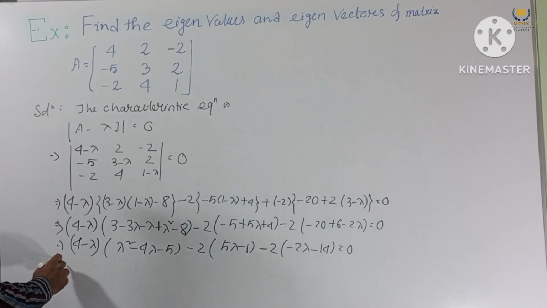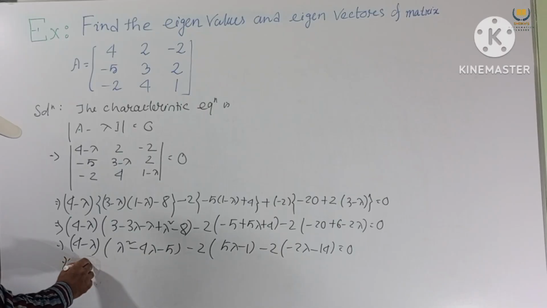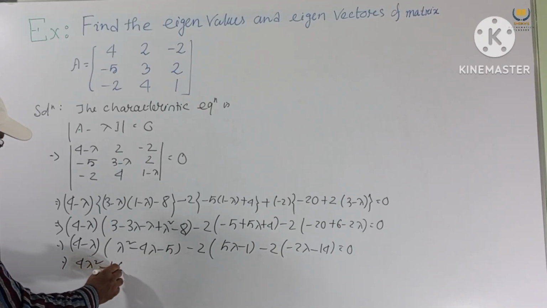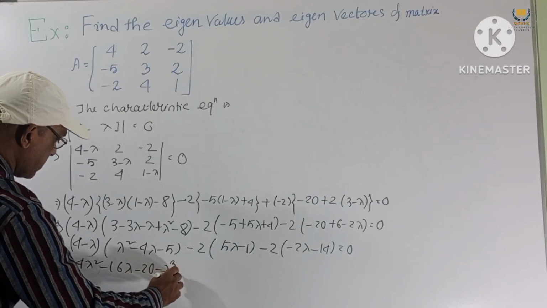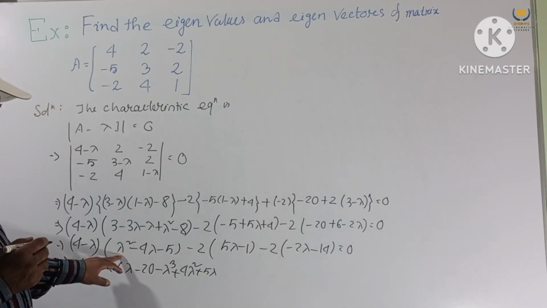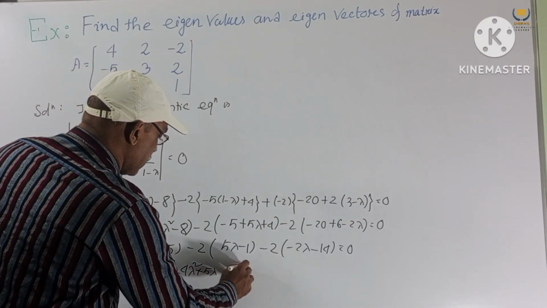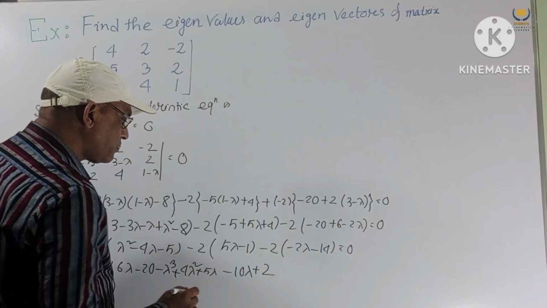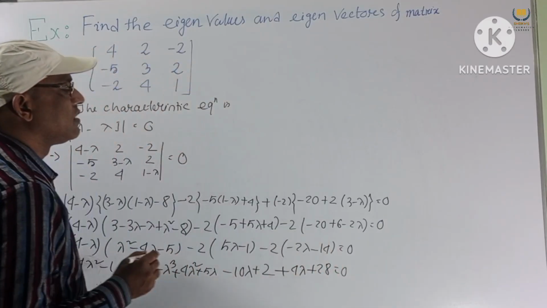This implies we multiply all of these by 4 minus lambda: 4 lambda square minus 16 lambda minus 20 minus lambda cube plus 4 lambda square plus 5 lambda, minus lambda cube plus 4 lambda square minus 5 plus 5 lambda, and this is 10 lambda plus 2, this is 4 lambda plus 28, this equal to 0.